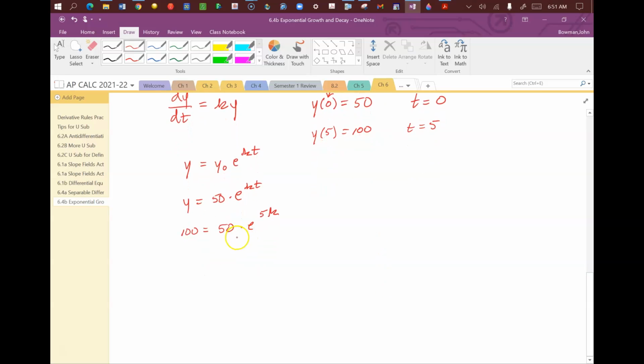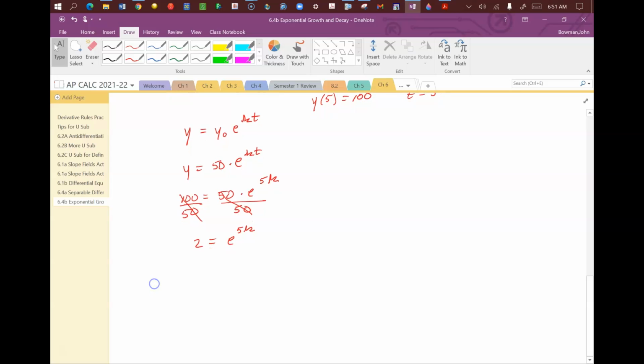Then we solve that. We divide both sides by 50 and isolate the e to the 5k, so we have 2 is equal to e to the 5k. If you remember solving exponential equations, you can either write them with the same base or use logs.